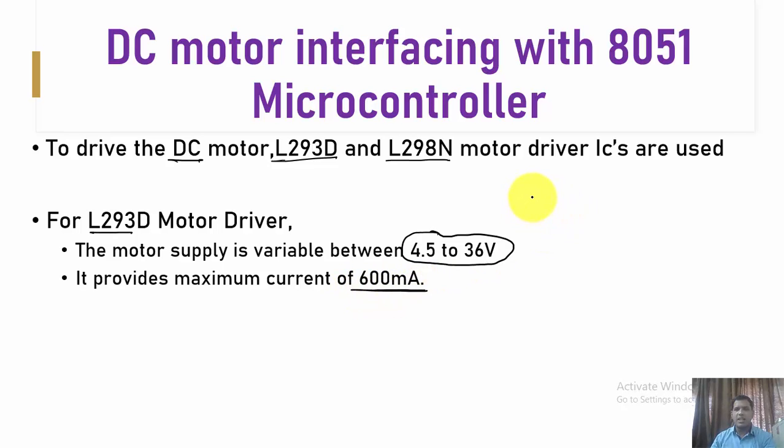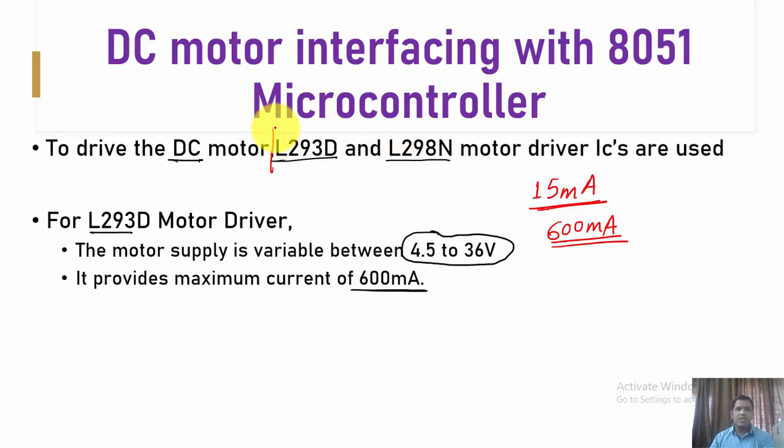Just try to get this: if we make use of the microcontroller, a single port pin is capable of giving only 15 milliampere current. However, the driver circuit is capable of giving a maximum current up to 600 milliampere, and because of that, the motor's current and power requirement will be fully satisfied through this motor driver IC.